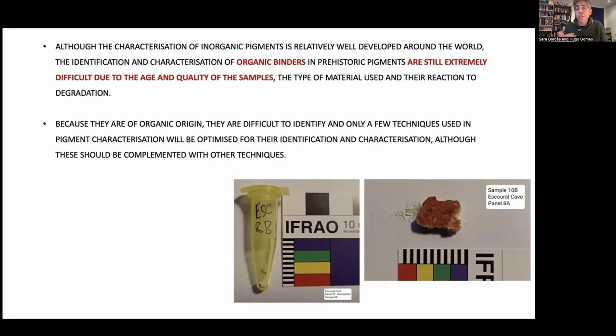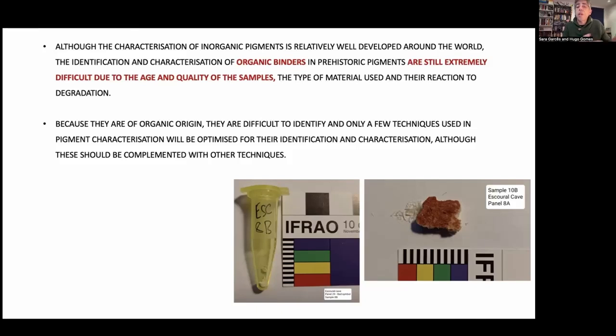This slide is meant to push up the importance of the identification of binders, which is usually very hard, very difficult. And of course, we think that it is related to conservation issues of organics, the degradation of the walls that usually cover and don't help us to recognize the organic part easily.